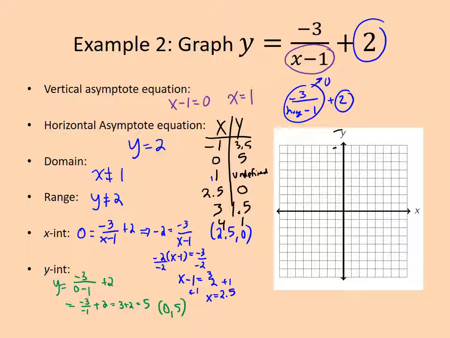So now I'm going to dot my asymptotes. My horizontal asymptote is y equals 2, and my vertical asymptote is x equals 1. We're going to plot our points. So we have (-1, 3.5) and (0, 5). So this branch looks something like this.